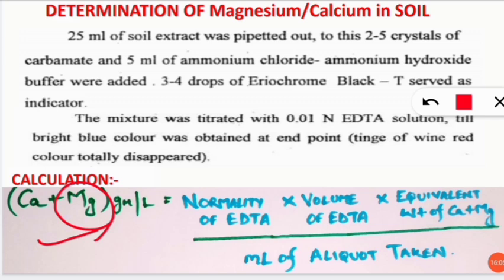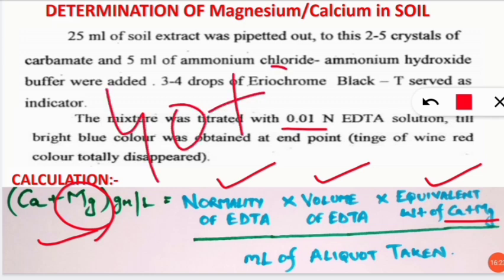The formula is the same: the normality of EDTA, 0.01 normality, times the volume of EDTA consumed in the titration, times the equivalent weight of calcium plus magnesium both. So we take the atomic mass of calcium plus magnesium, that is 40 plus 24, equal to 64.